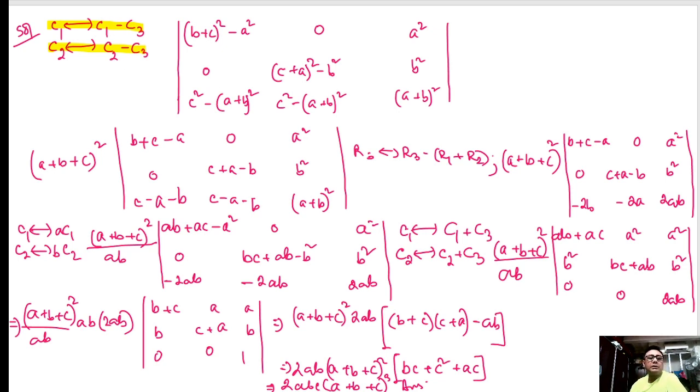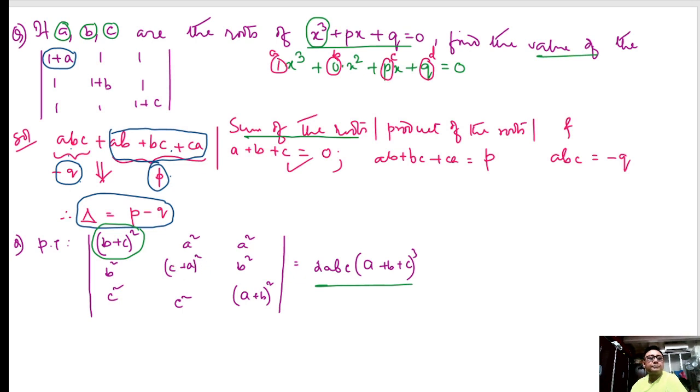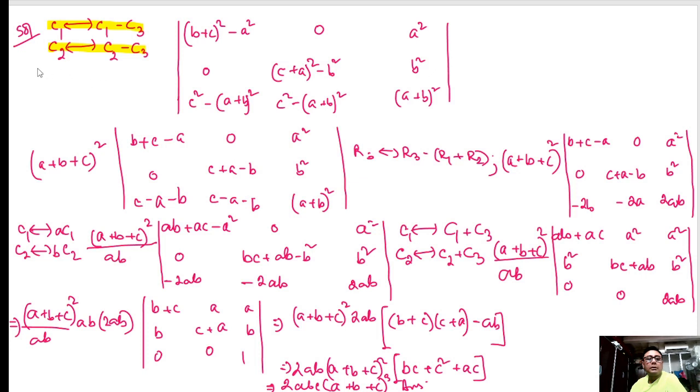So let's see what is C2 minus C3. So this is our C2 minus C3, which is 0. Okay, and we will put it in C2. So here is this 0.